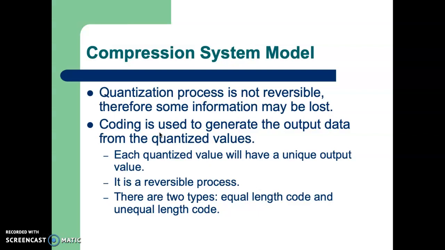Okay, so with this dictionary, you will code your output image. So each quantized value will have a unique output value, and it is a reversible process. So there are two types, either equal length code or unequal length code. So this also depends on the technique that you use. Okay, either each of the pixels will be encoded with equal length or unequal length.